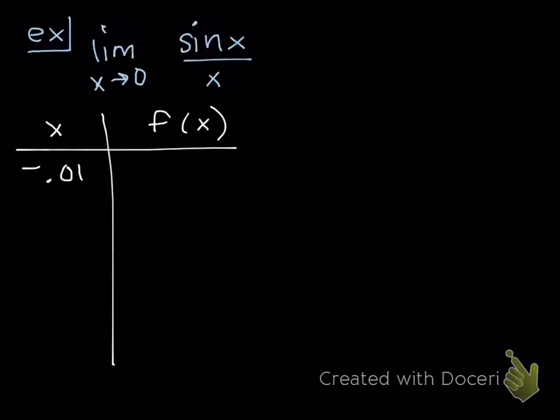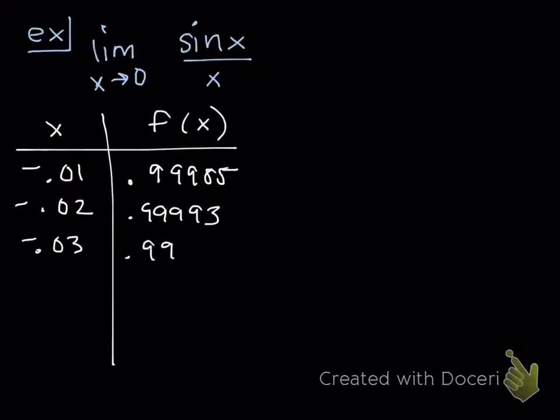When I plug that into the calculator in radians, I get 0.99985. Then I'll plug in negative 0.02, and I get 0.99993. And negative 0.03, I have 0.99998. So it appears like it's getting closer and closer to the value of 1.